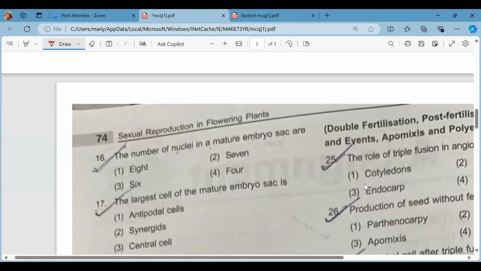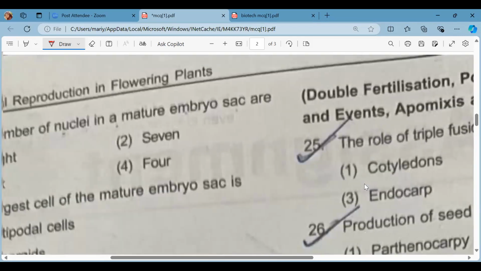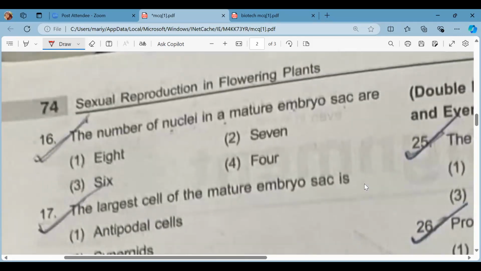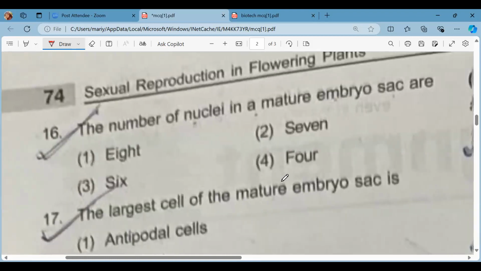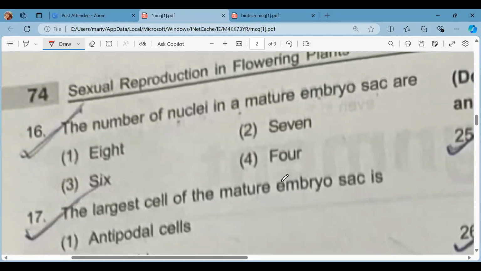Now the number of nuclei in a mature embryo sac. Now try to recall this. You remember we discussed 8 cells. Eight. Correct.